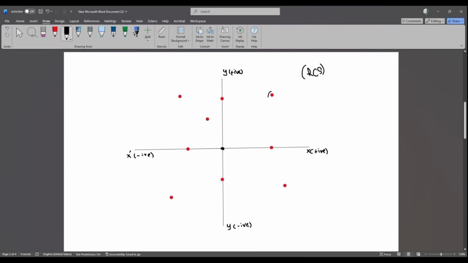For instance, if I consider this point right here, then we can extend this point down below towards the x-axis, and we can extend that horizontally, and that will give us some value of x and some value of y. So each point on a rectangular coordinate system gives us the value of x and y, and we call that combination of x and y ordered pairs.